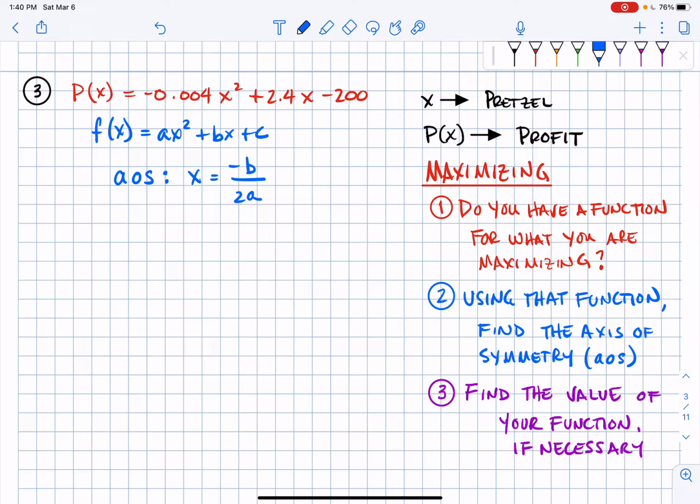So from there, I will find my axis of symmetry, which is x. Let's do it this way, which is going to be x is equal to negative 2.4 over 2 times negative 0.004, right?